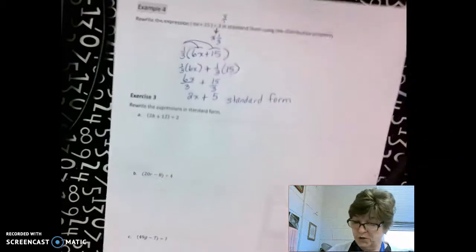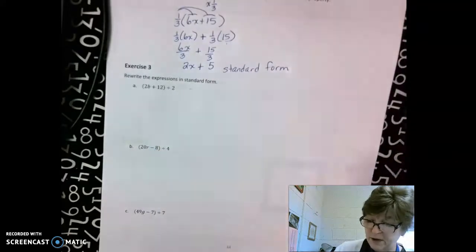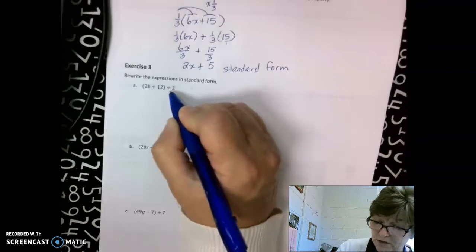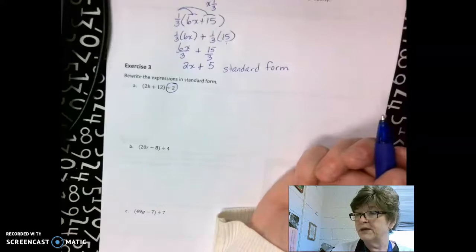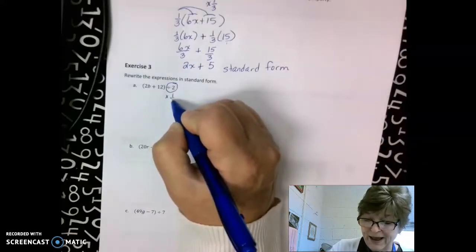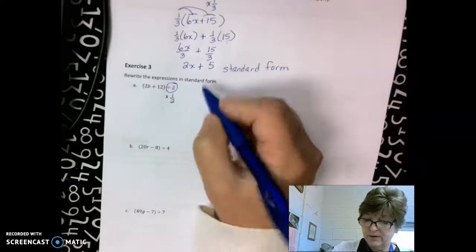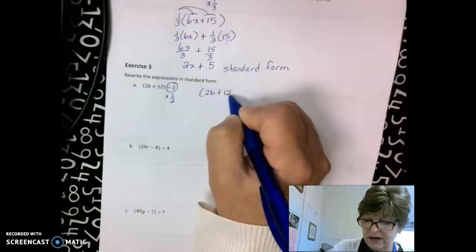Let's move down to A. We'll do one more together and then I'm going to let you do it. So dividing by 2, we're going to use the multiplicative inverse, and we're going to get times 1/2. So we can use it in the back without any problems.